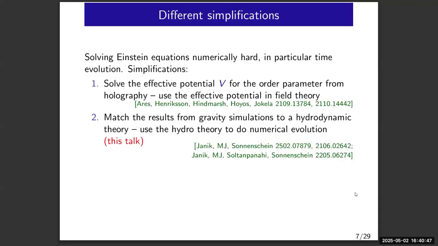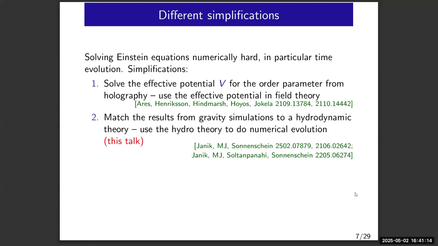But then there is another approach which I will be discussing in this talk, where I will pick a specific hydrodynamic theory, and I will match the results from gravity simulations, from gauge gravity duality computations, with this hydrodynamic theory, so that this pins down what my hydrodynamic theory is. Then I use the hydrodynamic theory to do the numerical evolution. I just forget about the gauge gravity duality.